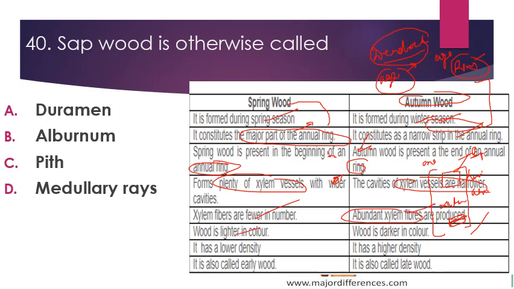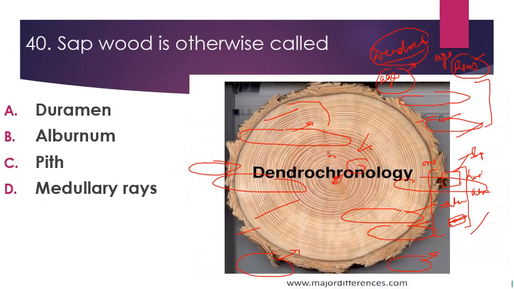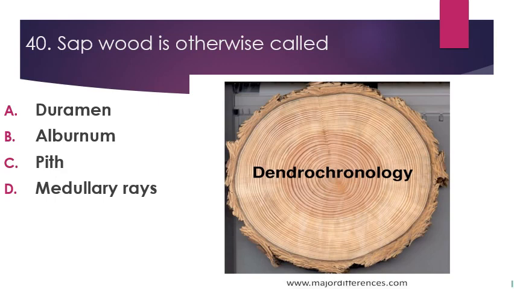Xylem fibers are fewer in number in spring wood, while they are abundant in autumn wood. Wood is lighter in color in spring wood and dark in color in autumn wood. Spring wood is also known as early wood, and autumn wood is known as late wood. These are the terms used for spring wood and autumn wood, and these are the differences.